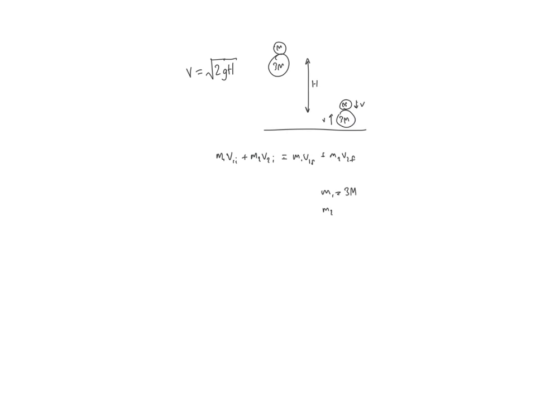Everywhere I have an m2, that's the small sphere, which has a mass of big M. The initial velocities are v in the upward or positive direction for the 3m sphere, and negative v for the smaller sphere because it's in the downward direction.